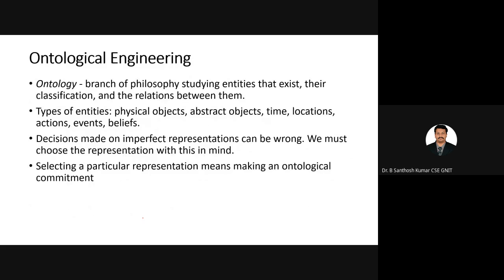The next key term is ontological engineering. Ontology is a branch of philosophy that studies entities that exist, their classification and the relations between them. The types of entities may be a physical object or abstract object, time, location, action, event, beliefs. So an entity may be a thing or object. Sometimes we take a person as one entity.